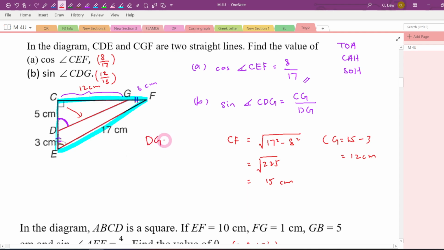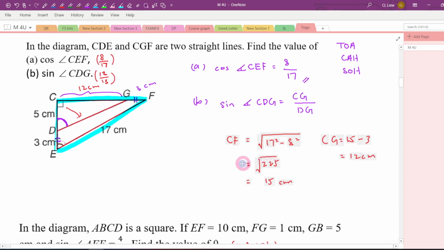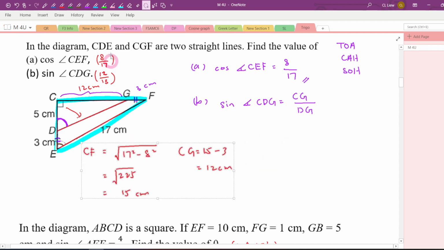DG is equal to the square root of 5 square plus 12 square. 13 centimeter. Now this is 13 centimeter.